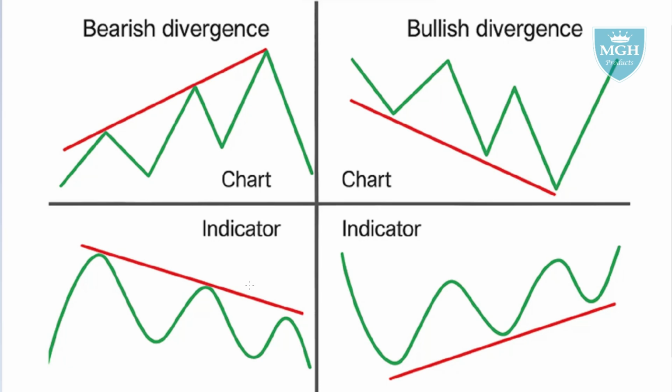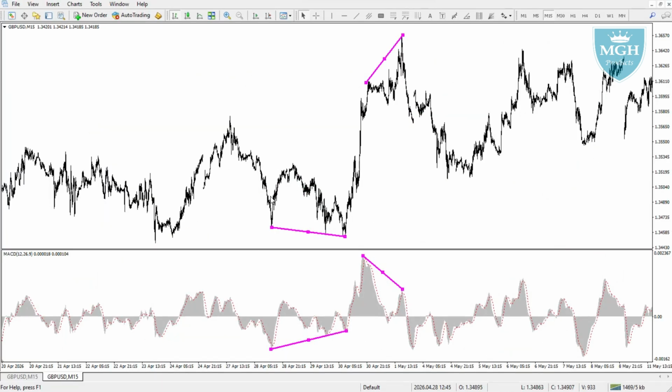The opposite is bullish regular divergence. Price makes a lower low, but MACD makes a higher low. Momentum is recovering, and a reversal to the upside is likely. These are reversal signals, and when they form on multiple time frames at the same time, that's where it gets really powerful, and that's exactly what this indicator is built to show you.